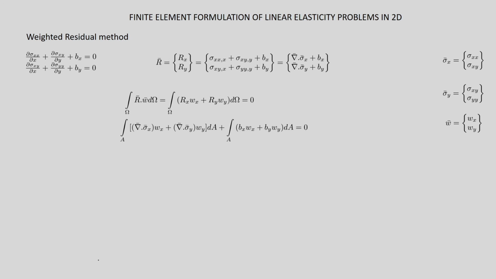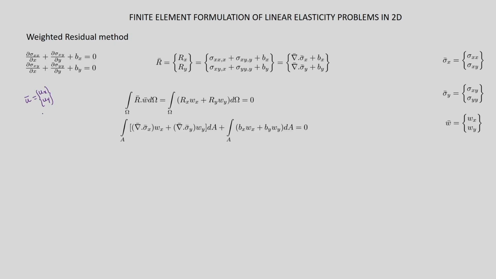So where do we get the residue? In this case our primary variable is the displacement, which has two components, ux and uy. So at every point in the domain we have two unknowns, ux and uy.